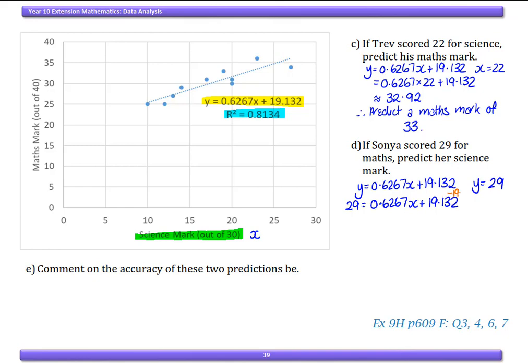So we're going to take away the 19.132 from both sides. 29 minus 19.132 is 9.868 equals 0.6267x, and then divide both sides.